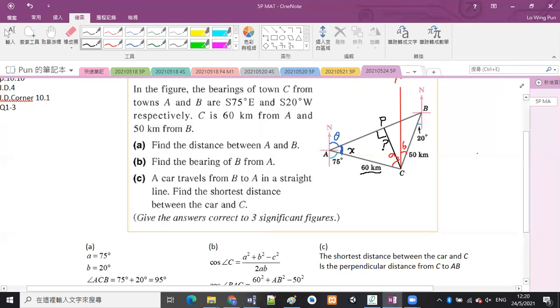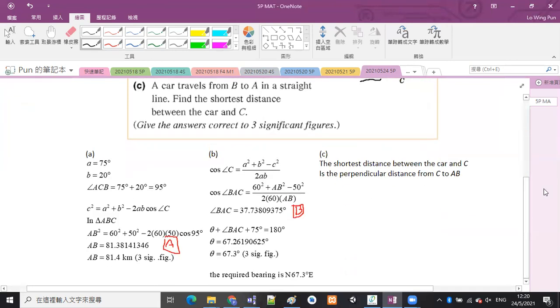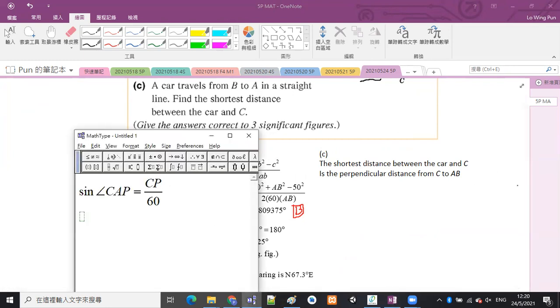But CAP is from memory B, right? It's memory B. Okay, and then CP is calculated by 60 times sine this angle. This angle is from your memory B. So 60 sine memory B will be 36.7 something.